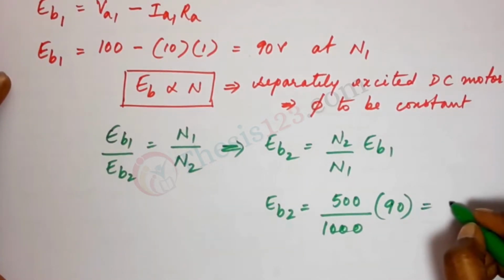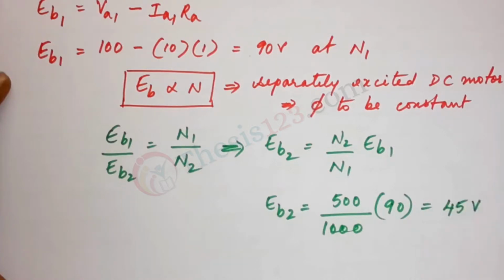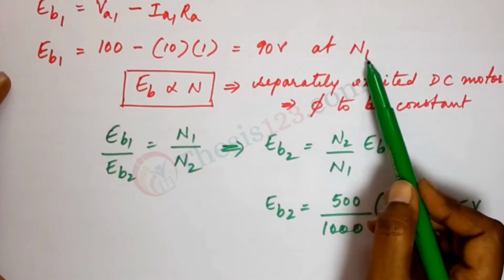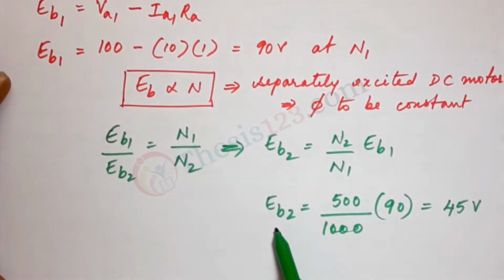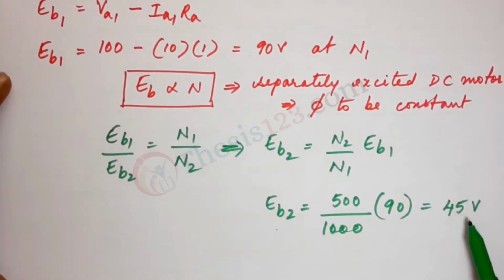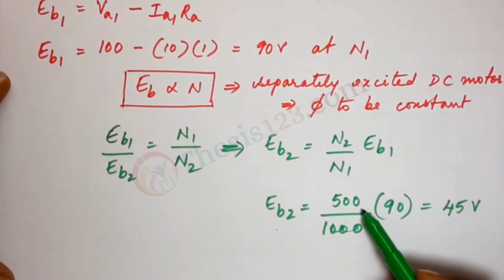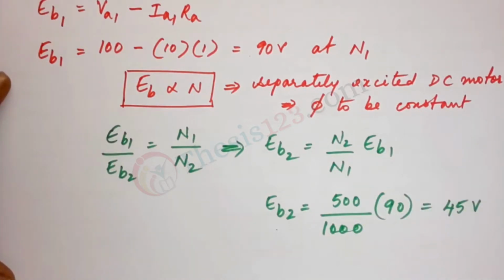Solving this, we should get a value of 45 volts. So EB1 at N1 is 90 volts, EB2 at N2 is 45 volts. So we now have our back EMF values and we have our speed values. The next step is to find out the armature current when the speed has reduced to 500. So that's going to be our next step.